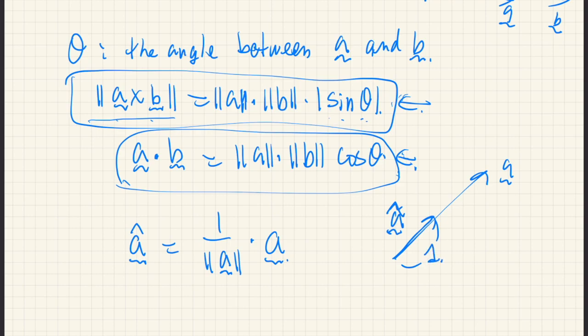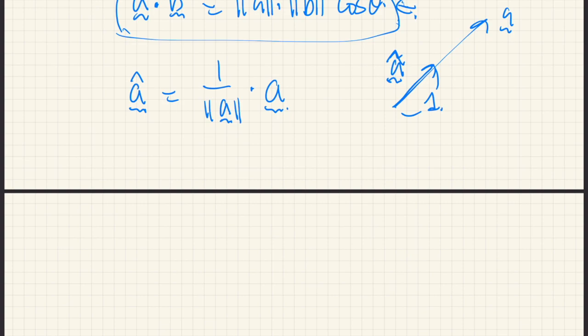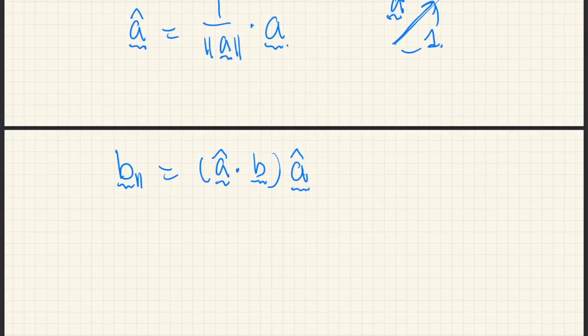Okay, and using this, we define a projection of vector B, which means this: B parallel is defined by A hat dot B and times A hat. Okay, and B perpendicular is defined as B minus B parallel.